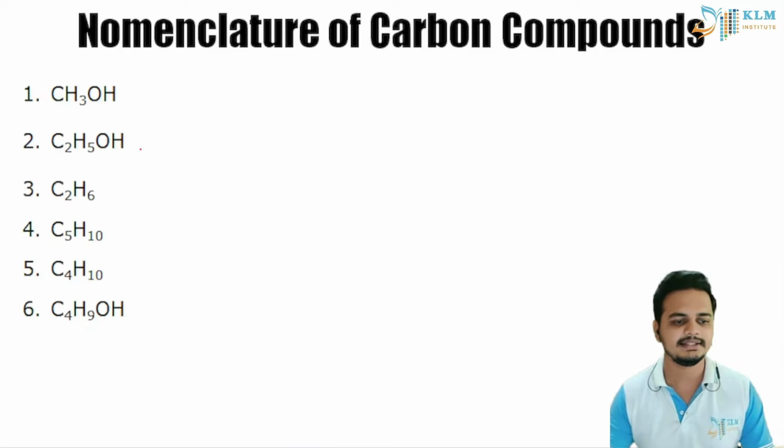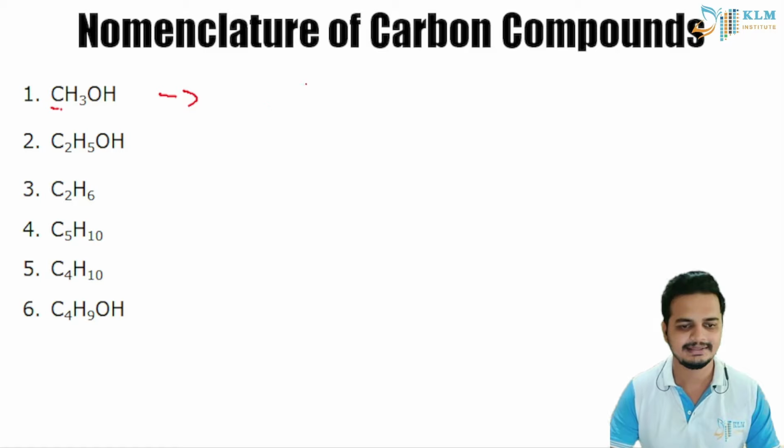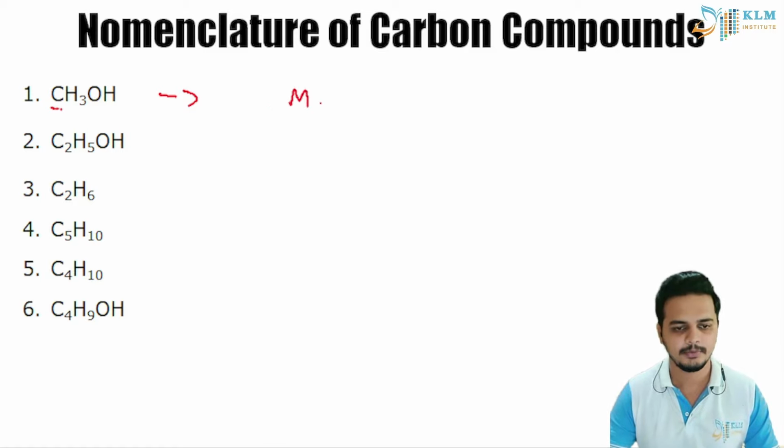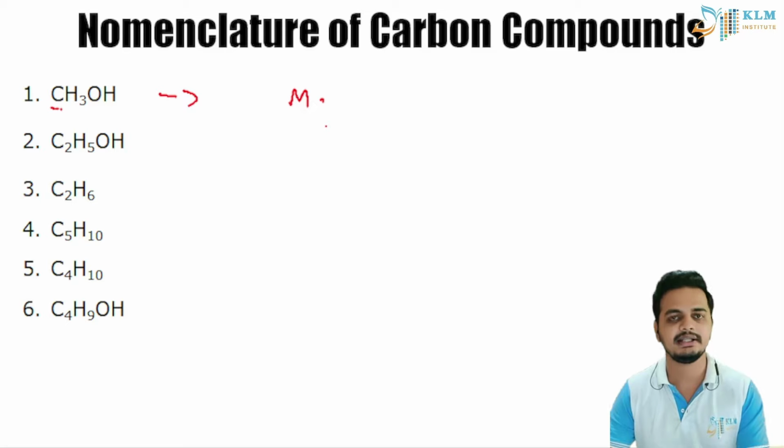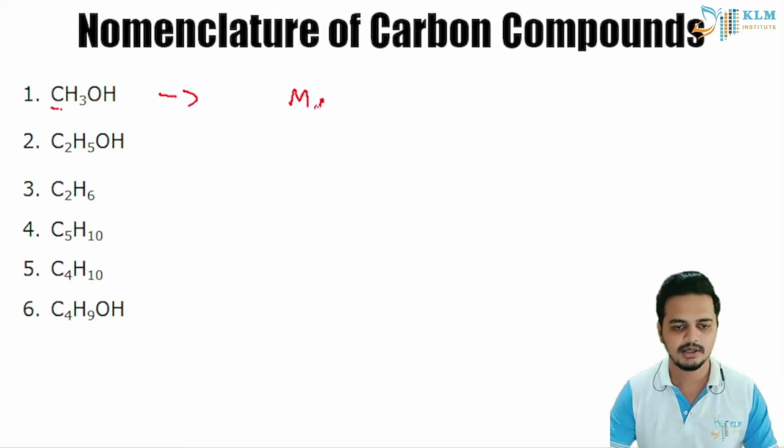And try this at home. Try to name these compounds at home. So I'll just show you one. So now you know that there is one carbon atom. So we can write meth as the root word. And you cannot see any other carbon atom. So it should be a single bond. So it becomes methane.